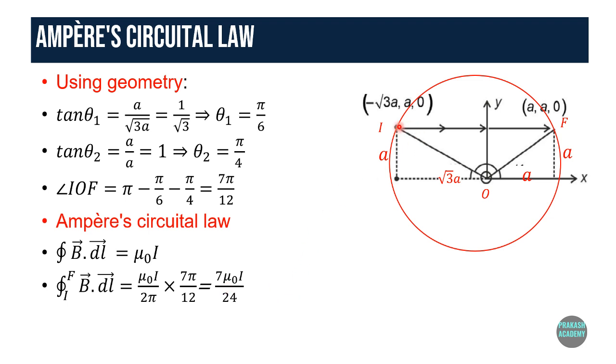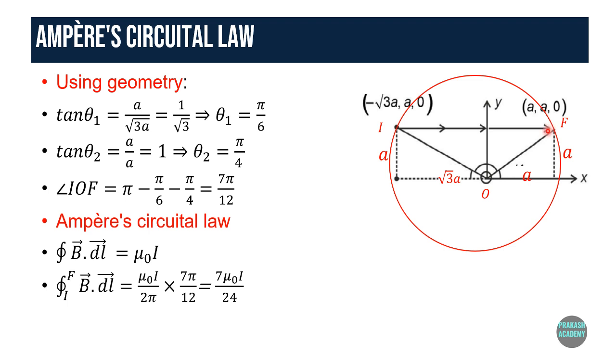So, now I know the contribution or the value of the integral of B dot dl for this path. Now, if you consider this loop from here to here and then from here to here, this loop does not contain any current. This means the integral of B dot dl, which equals mu naught I enclosed, will be 0. This means B dot dl due to this part will be equal to B dot dl due to this part.